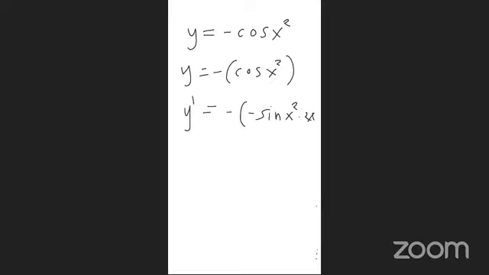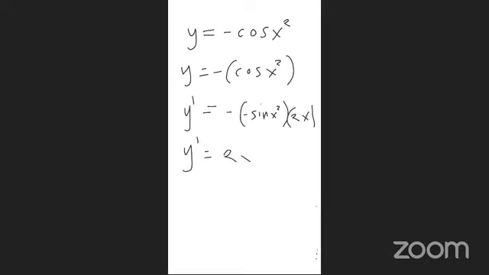Again, don't forget that this x squared is the angle. So we have negative sin x squared times 2x. Then y prime is equals to, but negative times negative is positive, so times 2x.